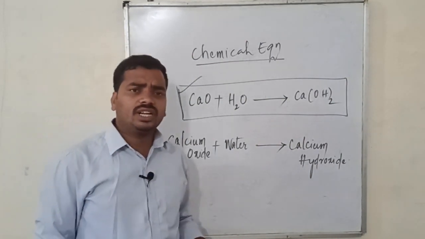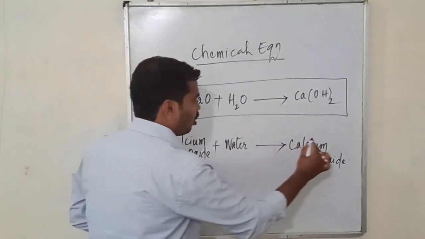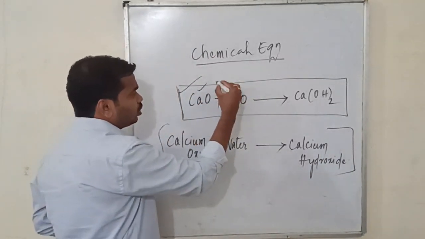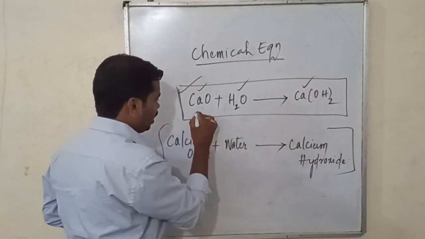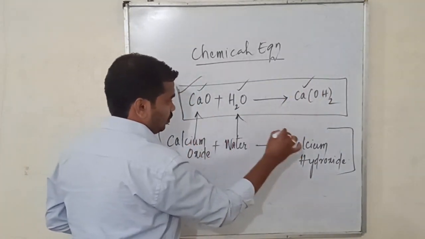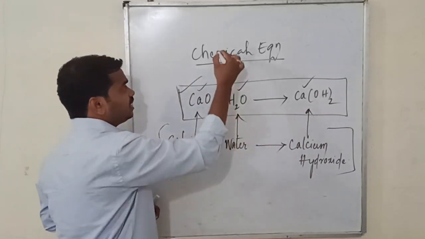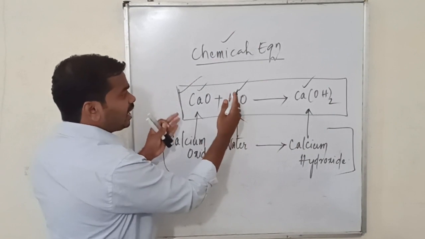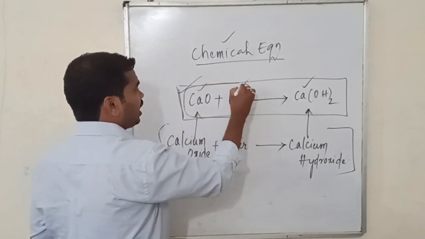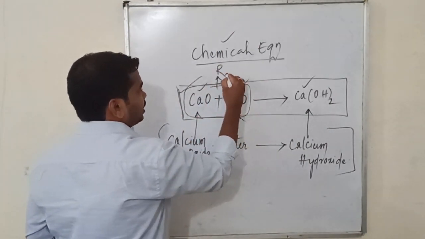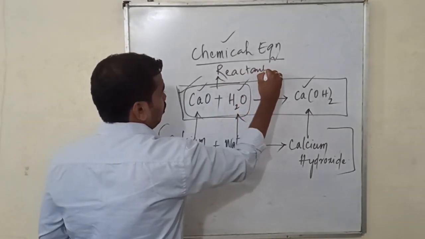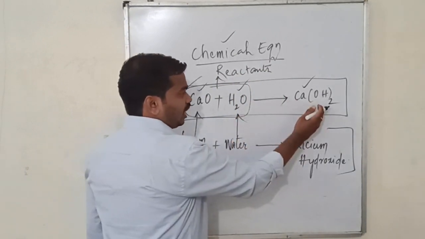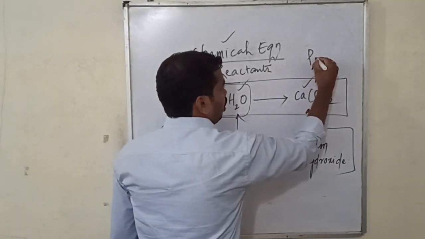But every time the reaction cannot be written in the form of these words. So we have introduced chemical formulas for each compound, which makes it easy to write this chemical equation. In the chemical equation, the left side of the equation always indicates reactants, whereas the right side of the arrow mark indicates products.